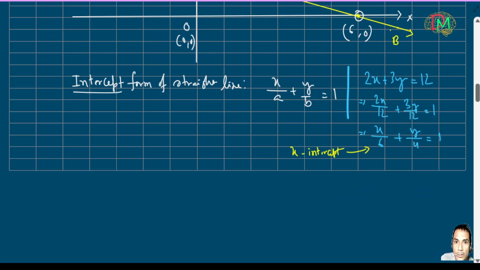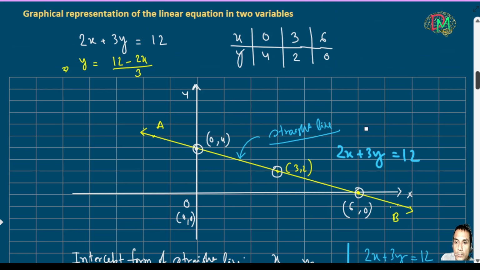It means this given linear equation in two variables intersects the x-axis at (6, 0) and intersects the y-axis at (0, 4). Clear?